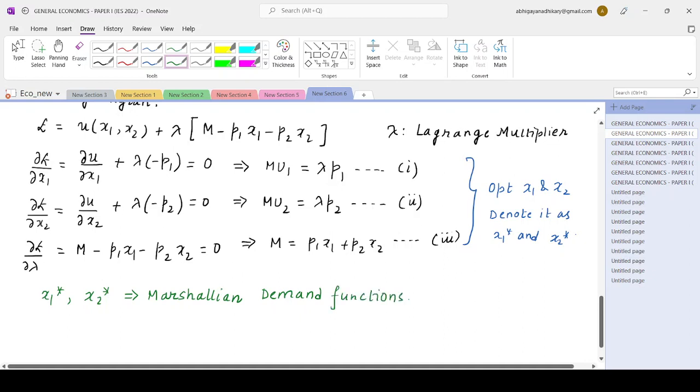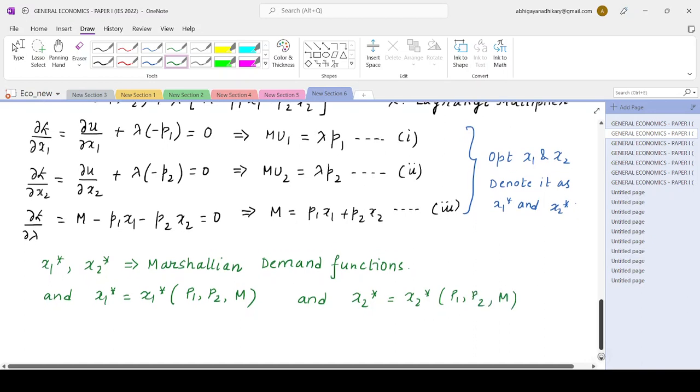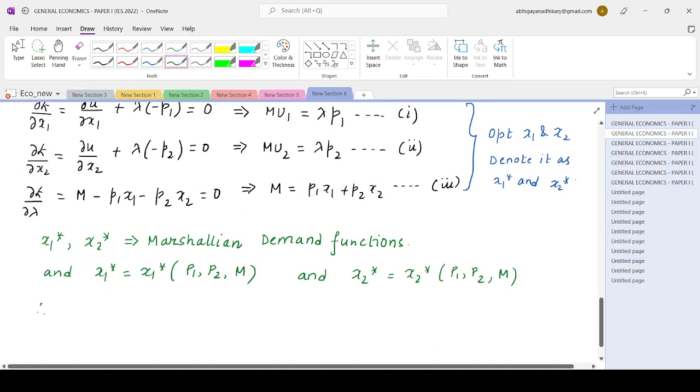Marshallian demand functions. Marshallian demand functions depend on the parameters of the model. That is, x1 star is a function of p1, p2 and m, and x2 star is a function of p1, p2 and m. So what do we mean by the optimal demand?